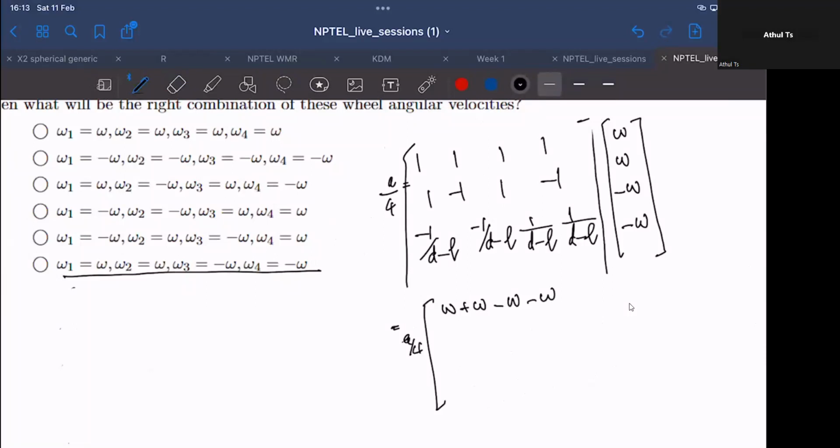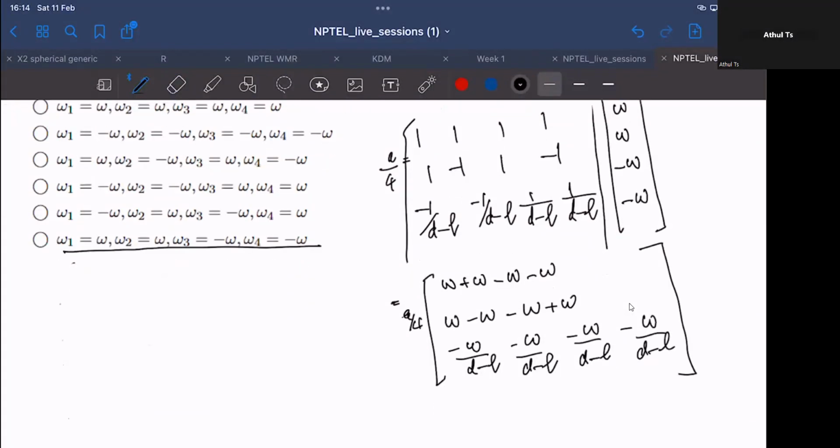The second row would be omega minus omega minus omega plus omega, and the third entry would be minus omega by D minus L, four times.